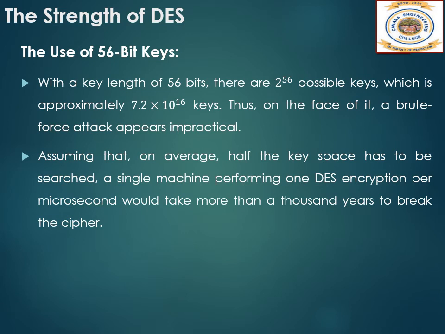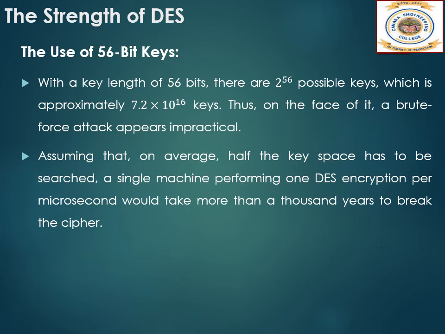The EFF has published a detailed description of the machine, enabling others to build their own cracker. And of course, hardware prices will continue to drop as speed increases, making DES virtually worthless. Fortunately, there are a number of alternatives to DES, the most important of which are AES and triple DES.